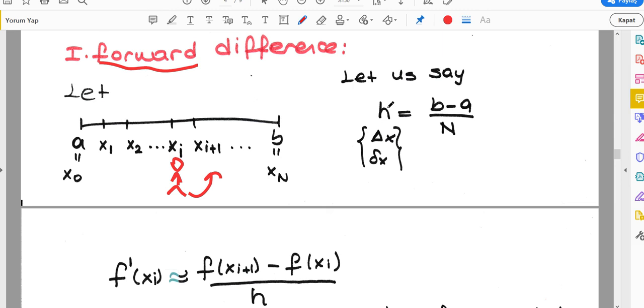I'm writing h here, but it does not matter; sometimes it is delta x, sometimes it is represented by another notation. We know that this is the right-hand side point minus the left-hand side divided by the number of intervals. After dividing, it corresponds to delta x or h. These are the same thing.